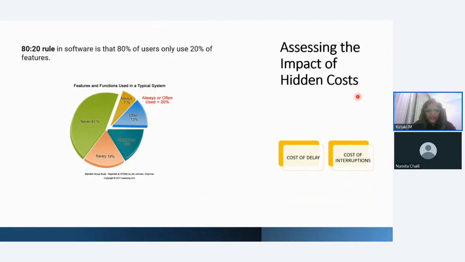Now, we are going to talk about hidden cost, which comes in the form of cost of delay and the cost of interruptions. These two concepts are very classic concepts in which you will incur hidden costs. Difficult to measure these hidden costs, but assessing the impact is fairly easy. Communicating it to the stakeholders is fairly easy.